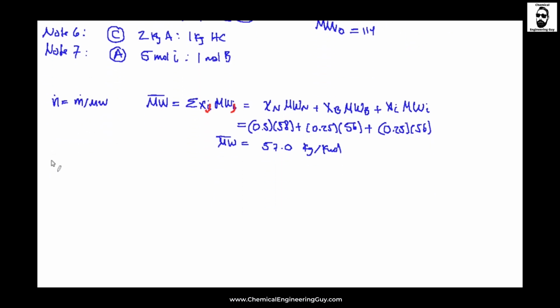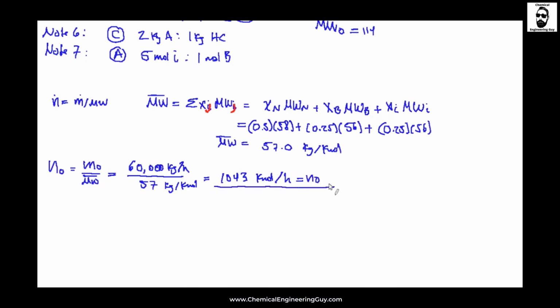Now we can use this formula: initial moles are initial mass divided by average molecular weight. This is 60,000 kilograms per hour over about 57 kilograms per kilomole. Doing this, I got 1043 kilomoles of mixture per hour. So that's my inlet. Good.